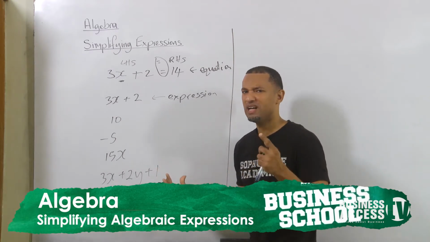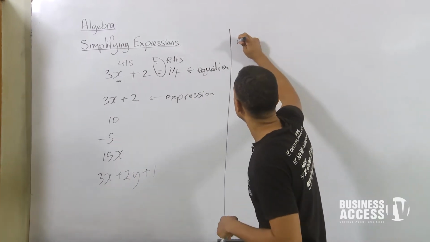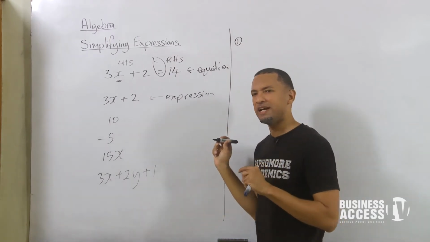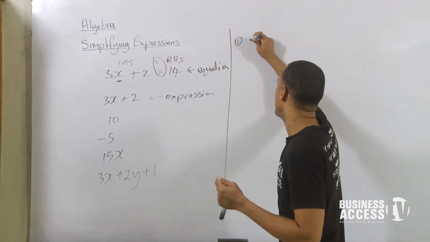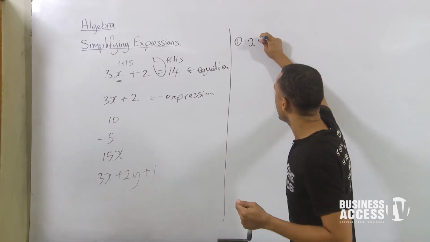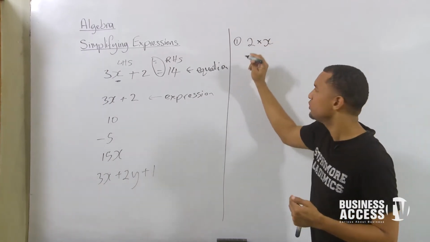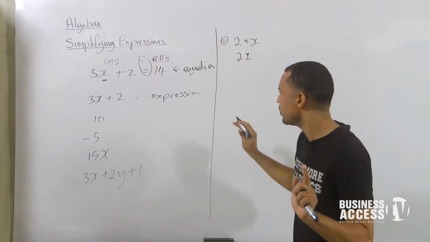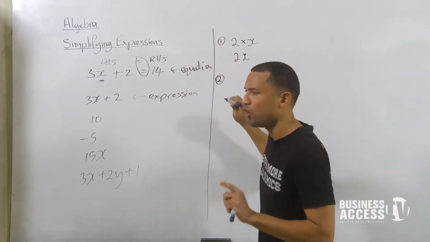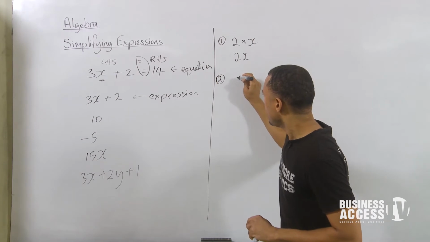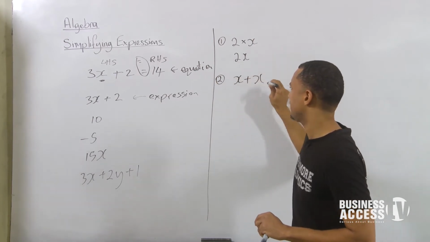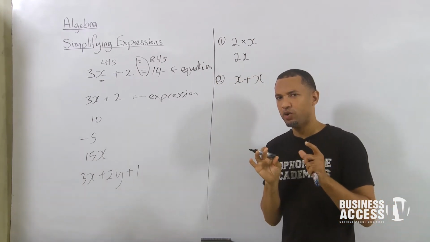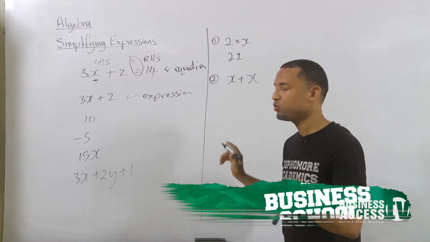All right, so let's start by also understanding what we mean when we do things. Guys, 2 times x, you guys know that 2 times x is the same thing as 2x, right? I just want to get some fundamentals out of the way. What is x plus x? Just to be clear, what is x plus x? It would be 2x, right?